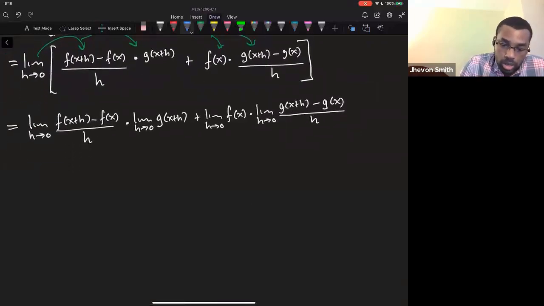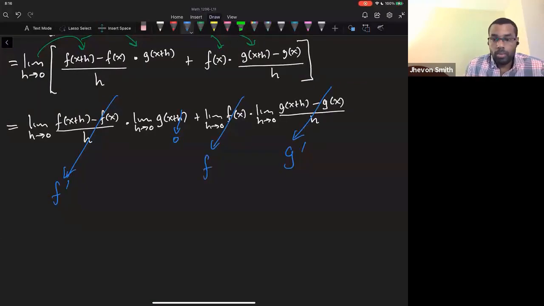Now, in this guy, h goes to 0. This whole thing we know goes to f prime. This whole thing goes to g prime by definition. And this thing is going to go to f of x, because there are no h's in it.